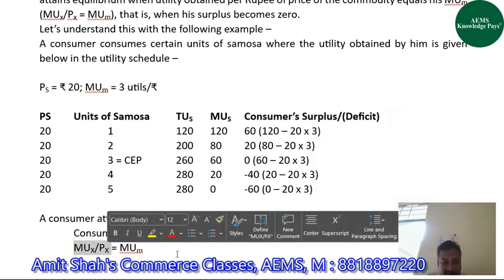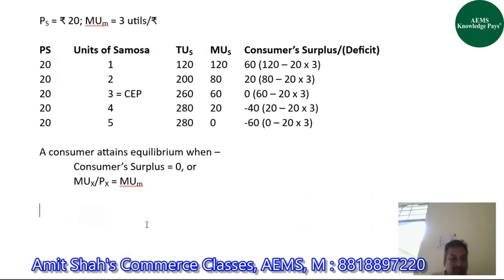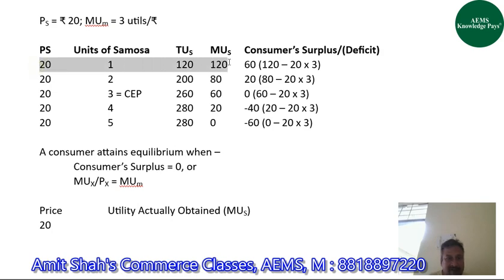MUX upon PX, guys, is nothing but the utility actually obtained per rupee of price of the commodity. For example, here the consumer has got 120 utils by spending rupees 20. This is the price, and this is the utility actually obtained, which is nothing but the MU of the commodity, that is MUX. So price is 20. I'm talking about the first line, where MU is 120.